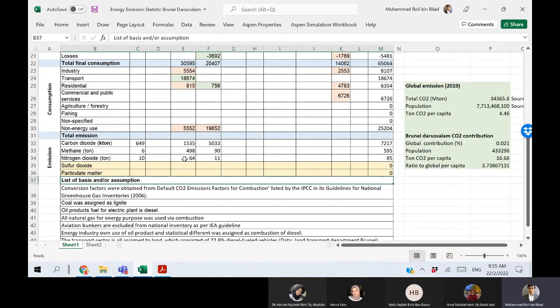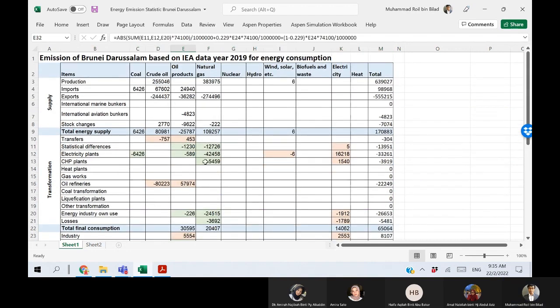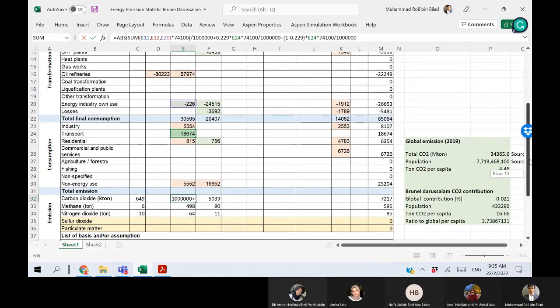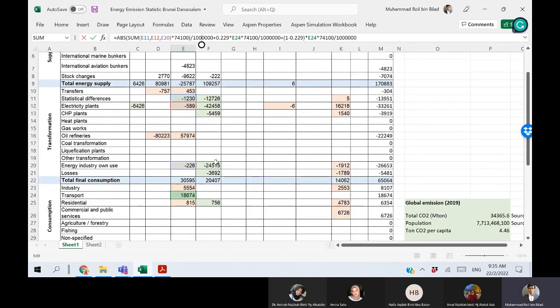Next, we go for oil product. Oil product here, if you look, I split it into 3. The first 3 here, E11, E12, and E20, I assign them for diesel, because I don't know which fuel this is.